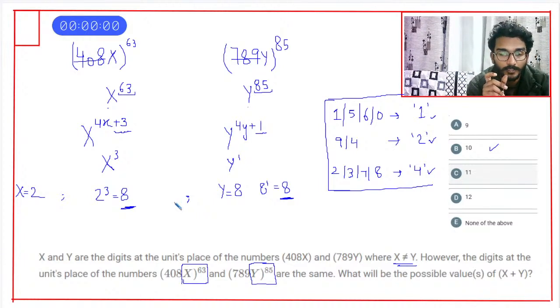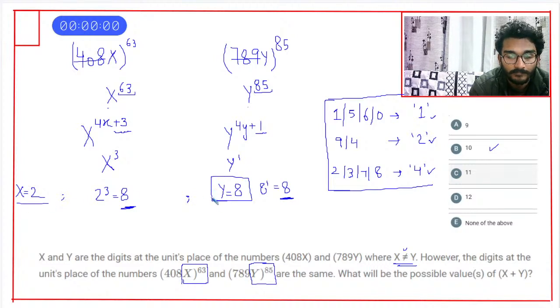The unit digit is the result after respective powers. This validates x not equal to y, because x is 2 and y is 8. So the sum of these two numbers is 10. So 10 is the most favorable. We have to check more cases.